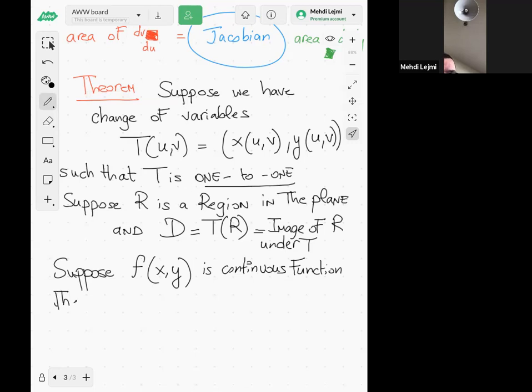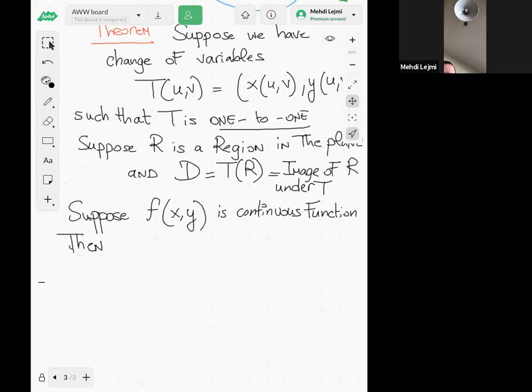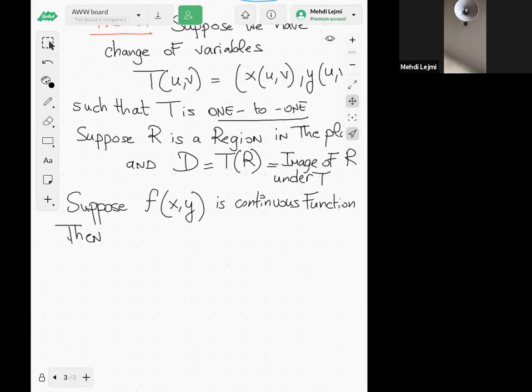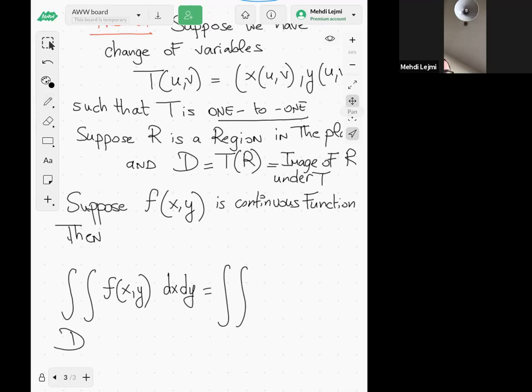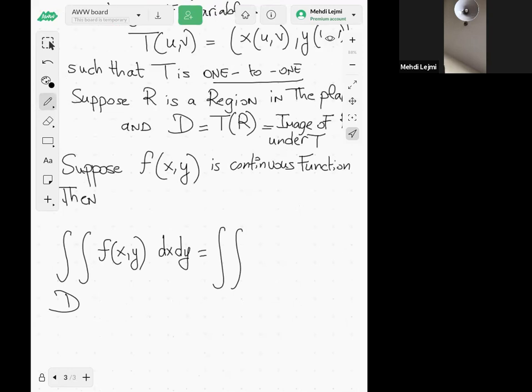Then the integral of f over the region D, the image of the region R, in the xy coordinates, so the double integral of the function f dx dy over the region D is equal to the double integral of the function f of x(u,v), y(u,v) over the region R. X and y are both functions of u and v, so we substitute them. This is the function f now expressed in terms of u and v.